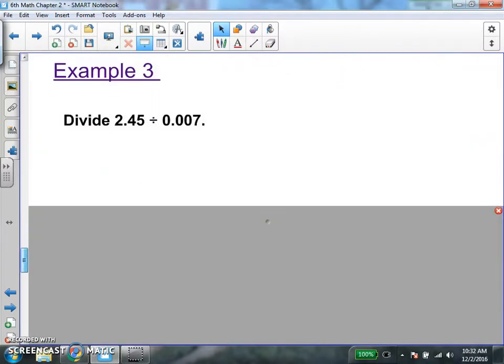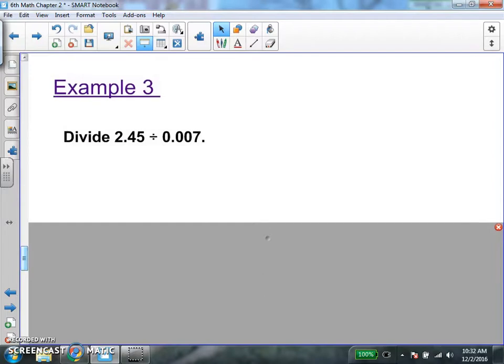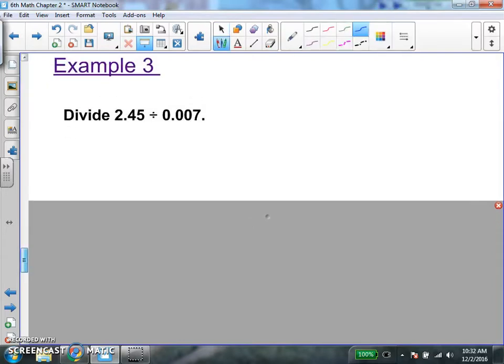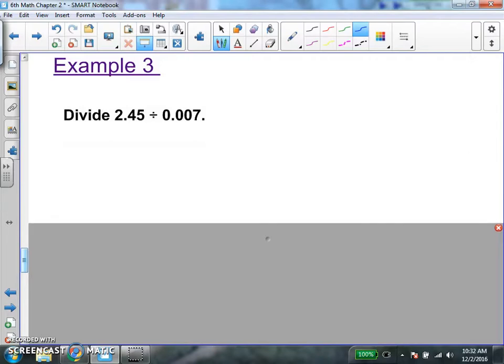Moving on to example 3, where they throw just a little bit of a twist on it. They're spicing life up just a little bit with us. Let's check out the problem and see what we have to do. First number, 2.45 goes inside our long division sign, 2.45, divided by 0.007. This is 7 thousandths.